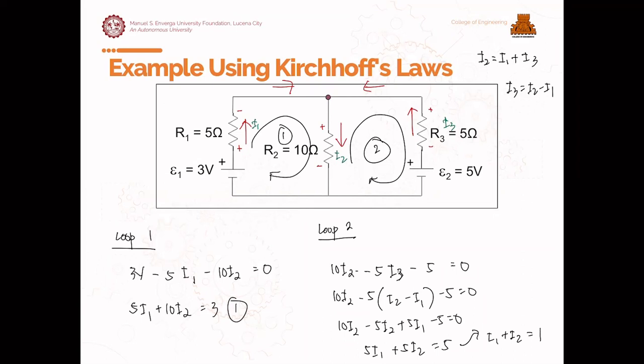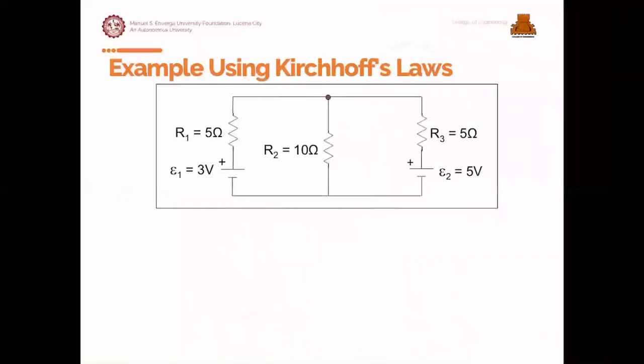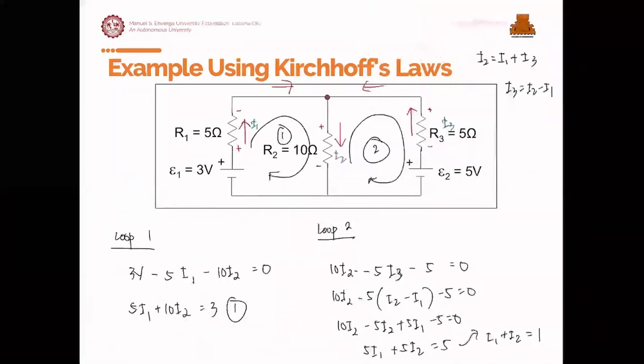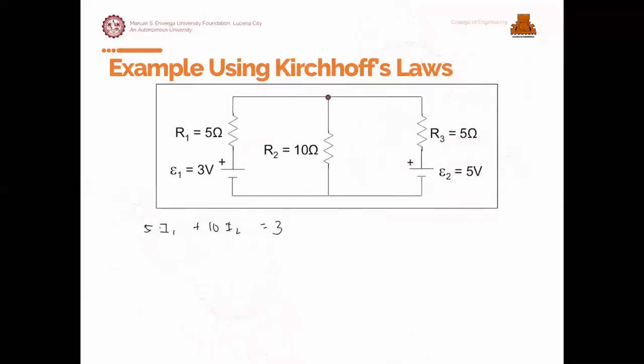Okay? So two equations, two unknowns. So equation 1 natin is 5I1 plus 10I2 is equals to 3. Then I1 plus I2 is equals to 1. Okay? Para ma-eliminate yung isa, multiply natin by negative component niya. 10I2 is equals to 3.